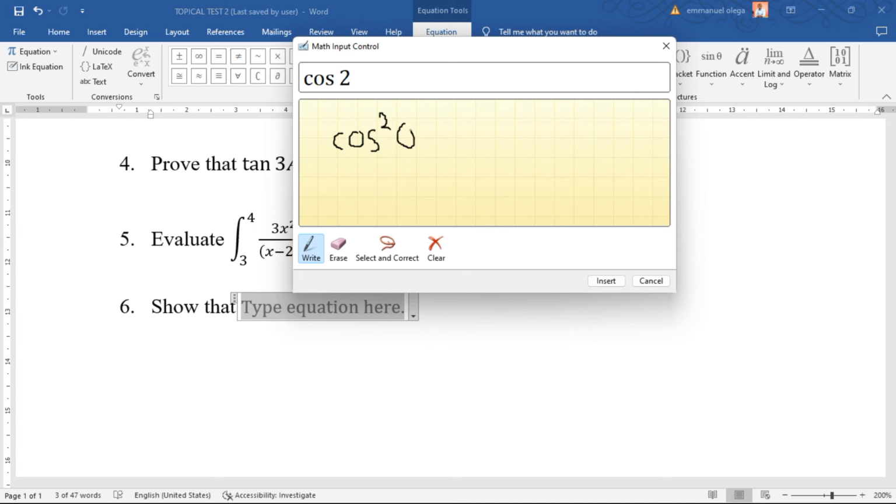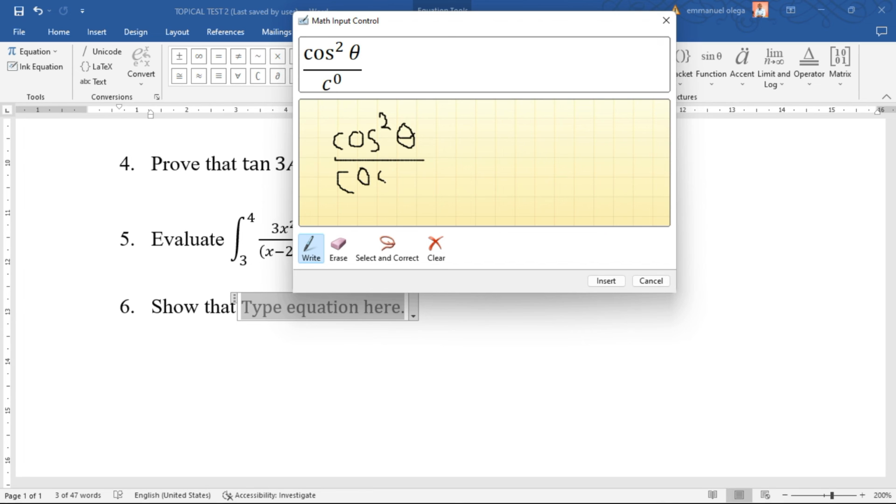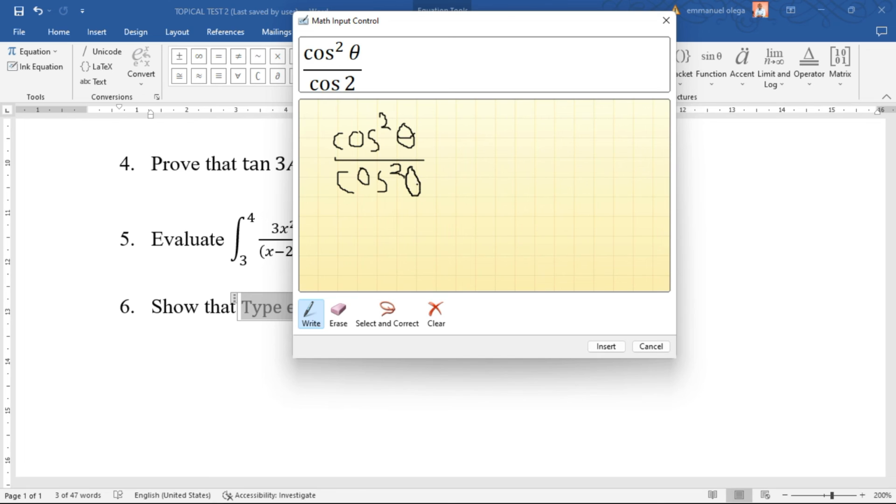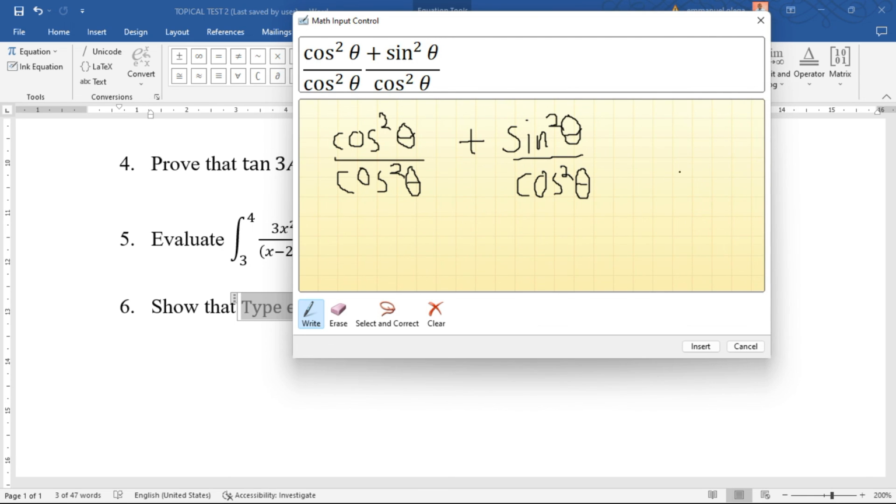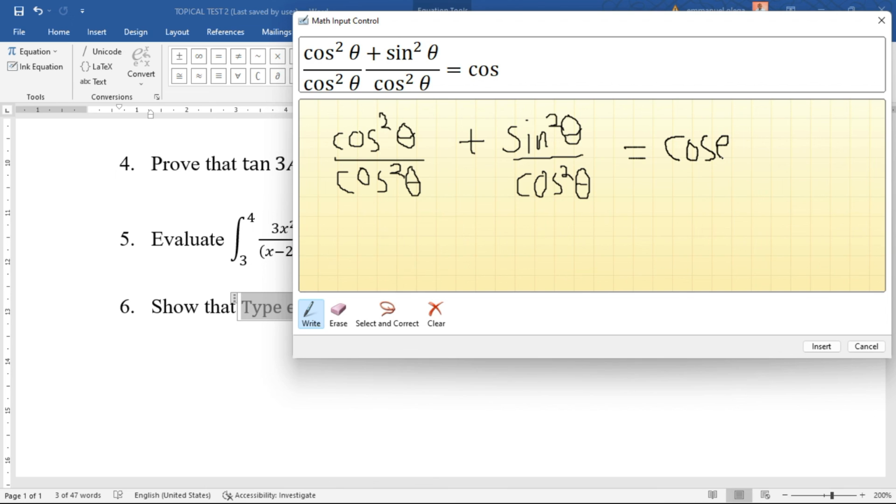Let's try cos squared theta over cos squared theta plus sine squared theta over, let's enlarge this, is equal to cosec. Okay, and there we go.